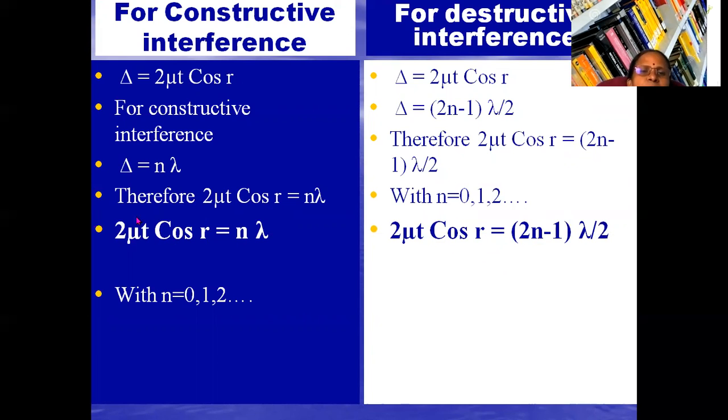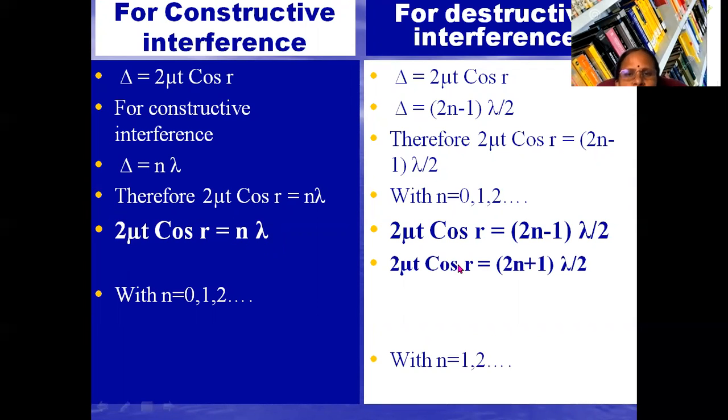And this is the condition for film to appear bright. Exactly opposite conditions are there in case of reflected light. For reflected light, this is the condition so that film appears bright, and this is the condition so that film appears dark, and these are the conditions for transmitted light.